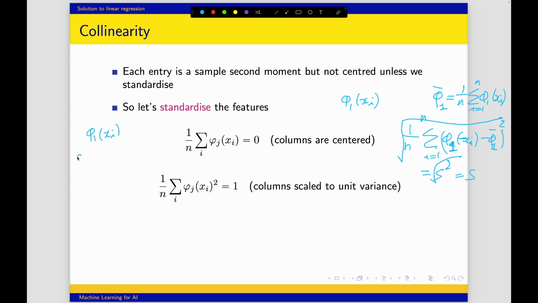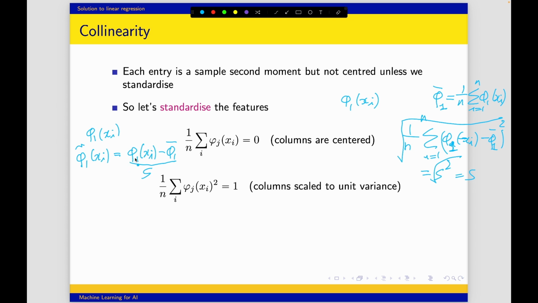We define psi1 tilde at xi to be equal to psi1 at xi minus the mean psi1 bar, divided by S, the standard deviation, given by the square root of this sum.